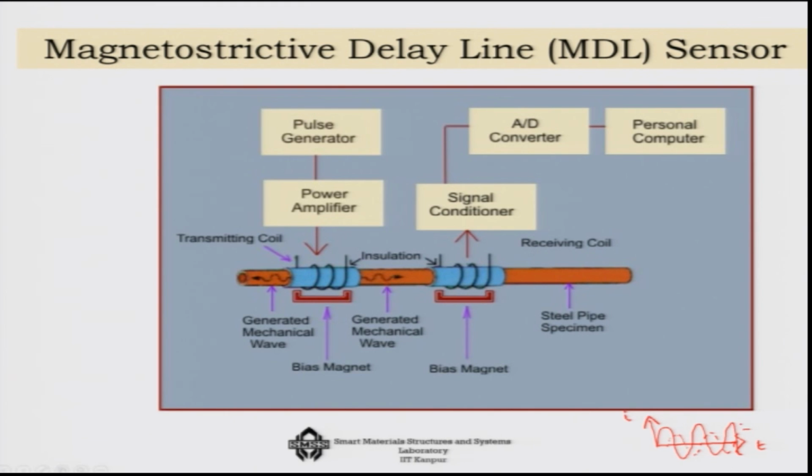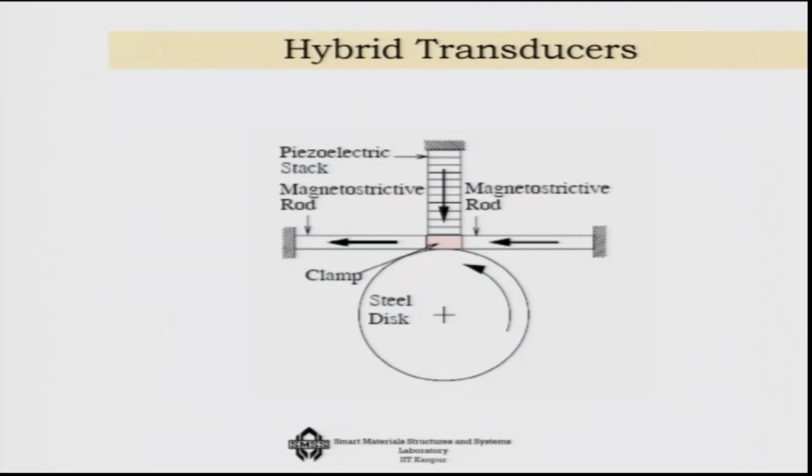That delay is because the mechanical signal takes some time to travel. Now, this delay can be a parameter. If there is a crack, then this delay will be more. That way you can detect cracks in the pipeline.